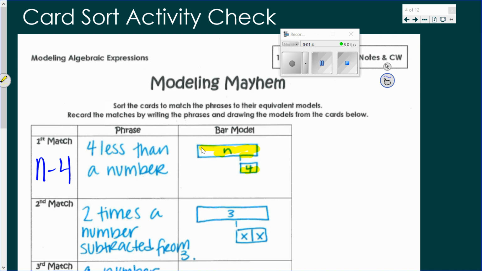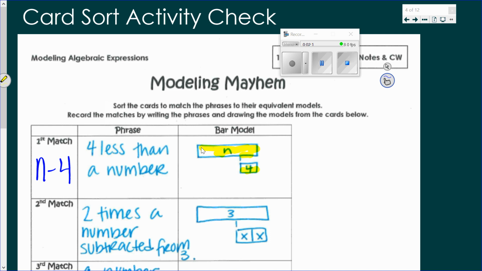That is our first expression we are writing. So N minus 4. Now, could you take this and make it more simplified? Or is that as simple as it goes? You couldn't simplify that, because what do I need to know in order to get an answer to simplify it?